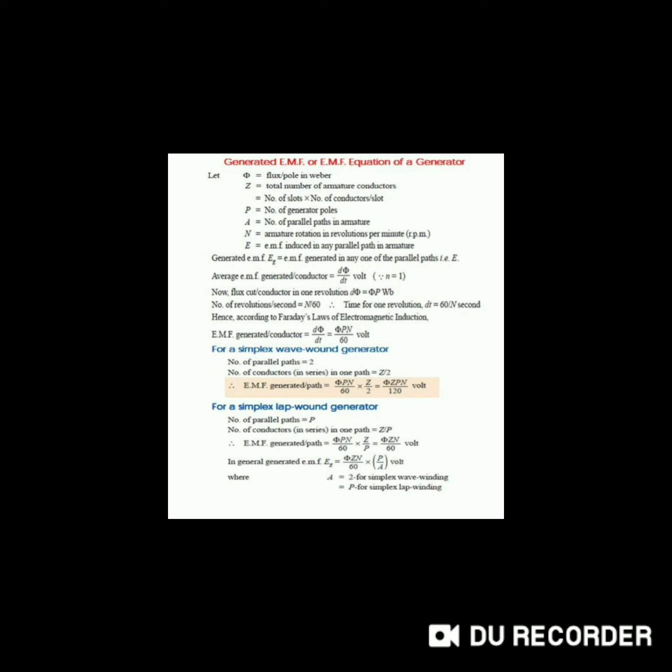Here we have two types: wave wound generator and lap wound generator. In a wave wound generator, the number of parallel paths, denoted by A, is always equal to 2. The number of conductors in one path is given by Z by 2.